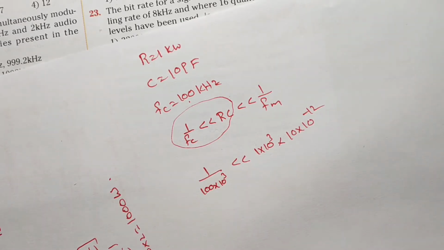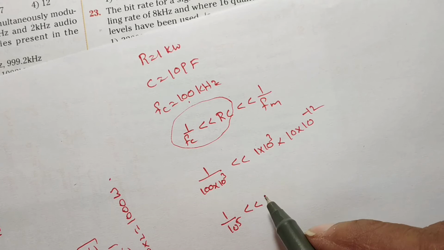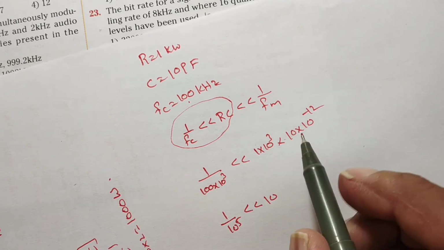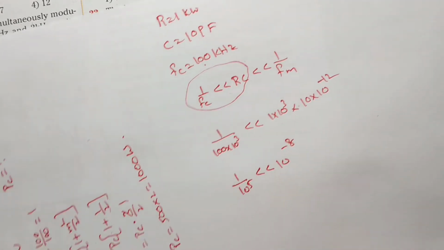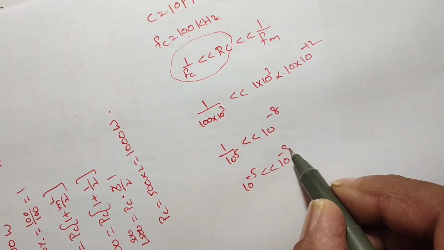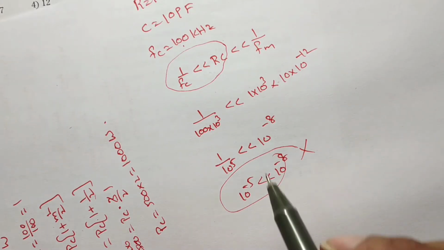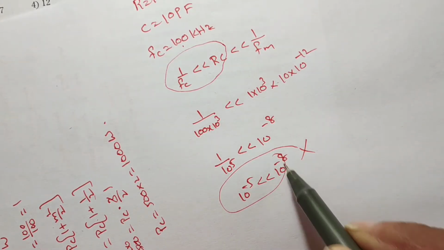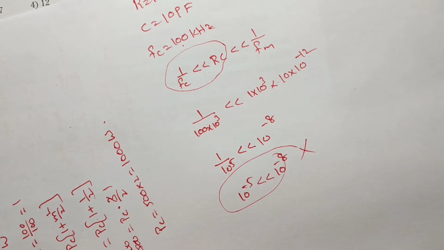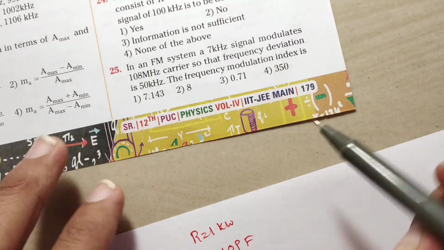So we calculate 1 by 10 to the power of 5, less than or equal to 10 to the power of minus 8. That means 10 to the power of minus 5 less than or equal to 10 to the power of minus 8. This is wrong, so the condition is not satisfied. 10 to the power of minus 5 is greater than 10 to the power of minus 8. So no. No means the second option is the correct one.